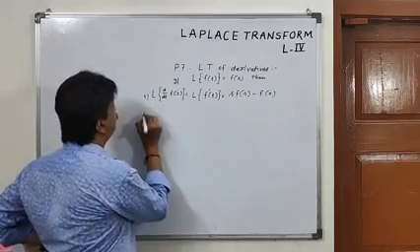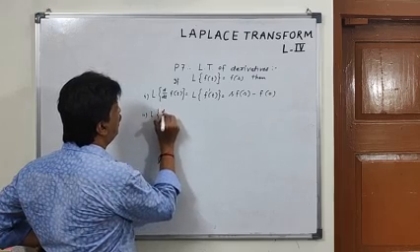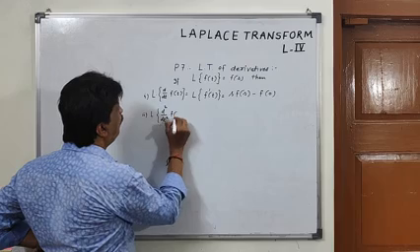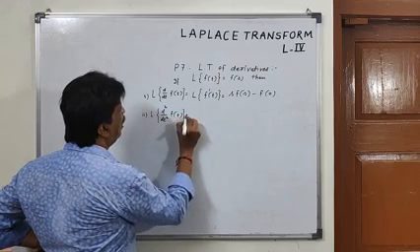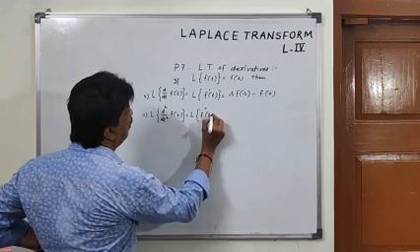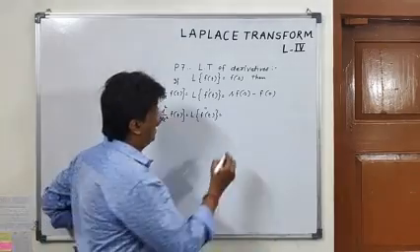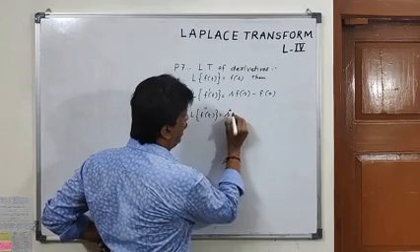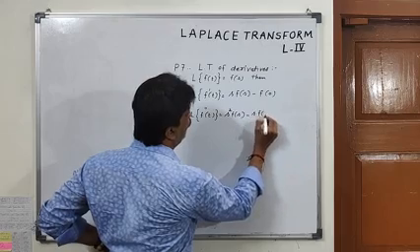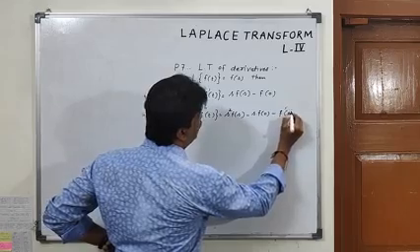Number 2, Laplace transform of d square by dt square of f of t, or Laplace transform of f double prime of t, is equal to s square into F of s minus s into f of 0 minus f prime of 0.